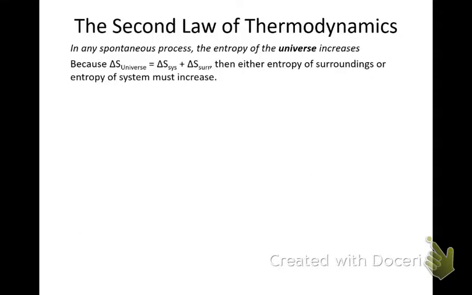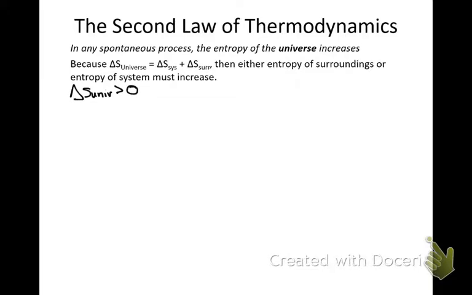So we said before that in any spontaneous process, the entropy of the universe increases. That is the second law of thermodynamics. And so that means that delta S of the universe is going to be greater than 0 for any spontaneous process.